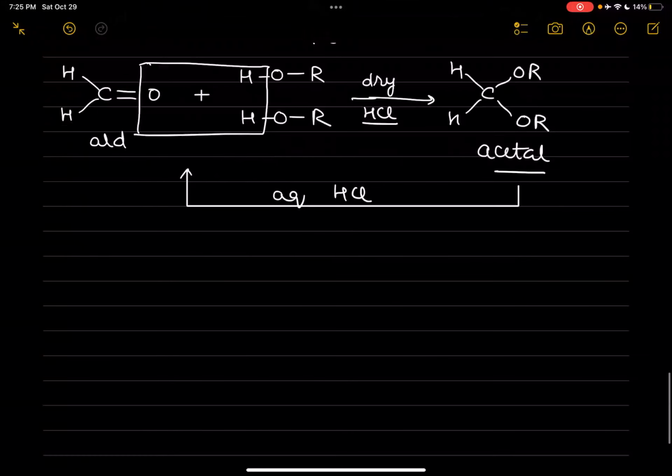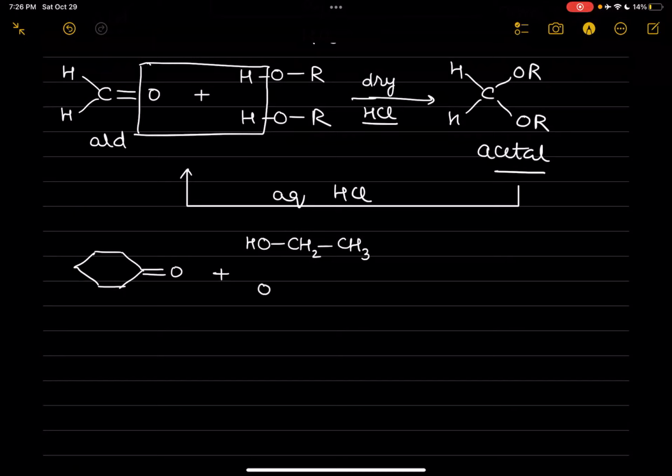And what happens if you have a ketone? Ketones actually don't react very quickly. Why don't ketones react very quickly? What's the reason? Because ketones are less reactive towards nucleophilic addition reaction.